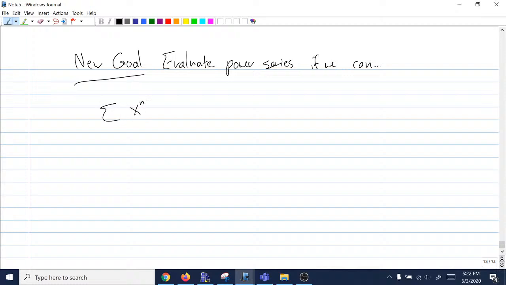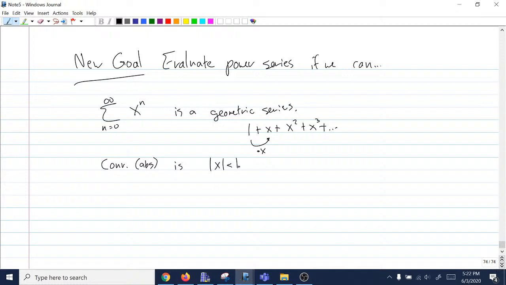For example, the sum of x to the n. I can do the sum of x to the n, because this is a geometric series. It's got a growth factor, the thing you're multiplying by. Every step you're multiplying by x. The thing I said about a geometric series is it converges, and converges absolutely, if that number has absolute value less than 1, and diverges otherwise.